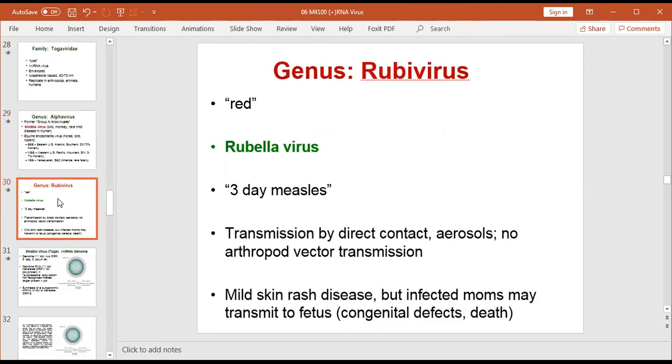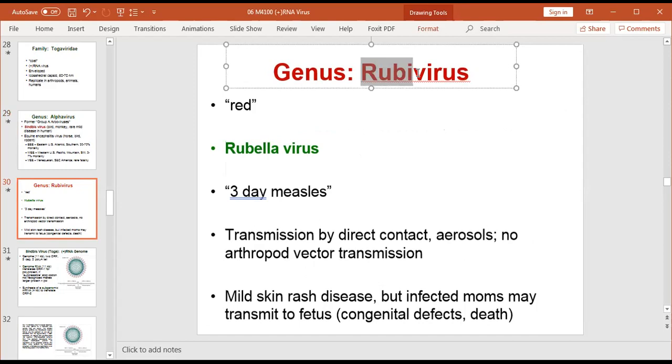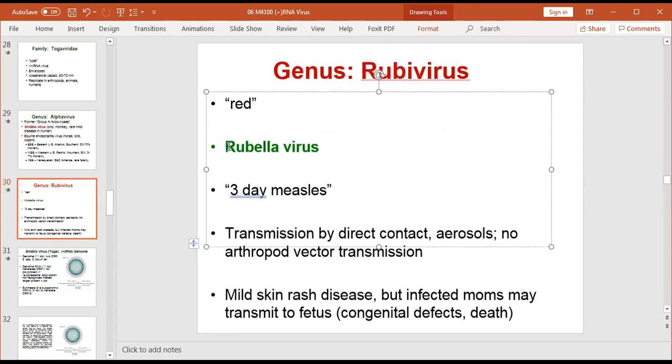Another genus within the Togaviridae family is Rubivirus, ruby red. A virus in this group is called the rubella virus. Rubella virus causes 3-day measles.